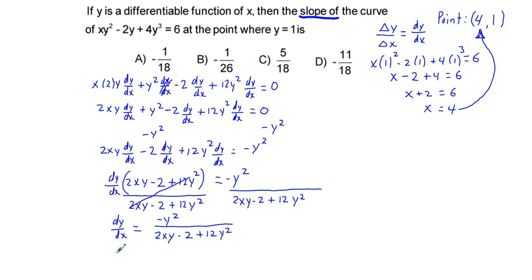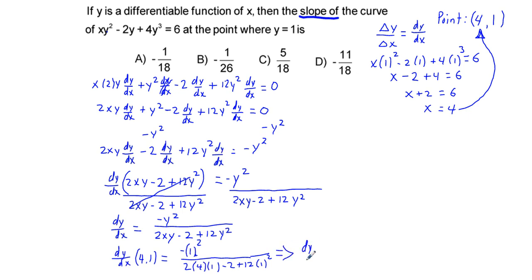So what I'm going to do is write that as dy/dx, and I'm going to put here in parentheses at 4 comma 1 is equal to, on the top, negative 1 squared, and in the denominator we have 2 times 4 times 1, and then we have minus 2 plus 12 times 1 squared.